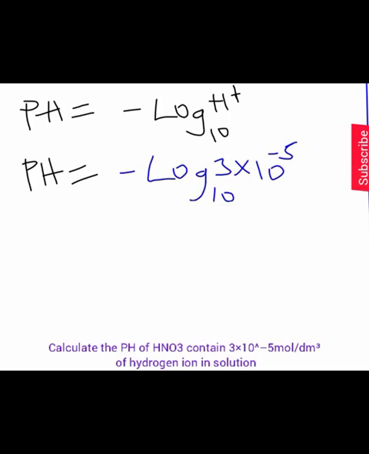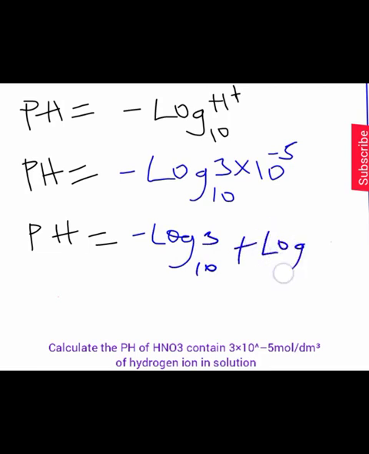So let us continue. We have that our pH equals minus log 3 base 10 plus log 10 raised to the power minus 5 base 10.